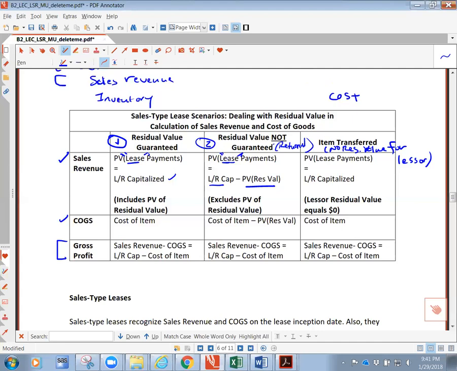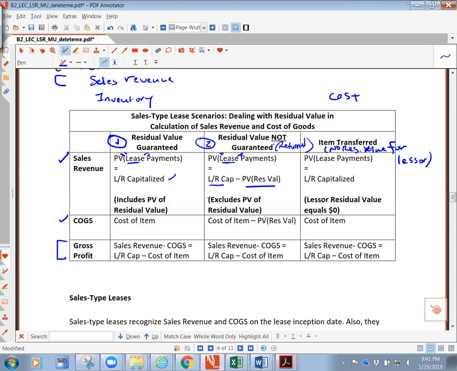In this case, there isn't one. So we have to subtract out the present value of the residual value, because when the item is returned, but the residual value is not guaranteed, the lease receivable equals the present value of lease payments plus the present value of the unguaranteed residual value. However, the sales revenue excludes it.